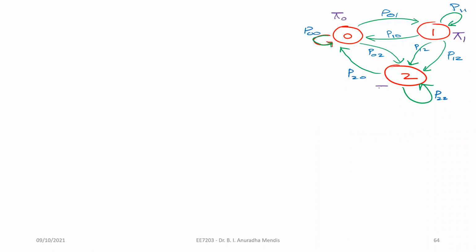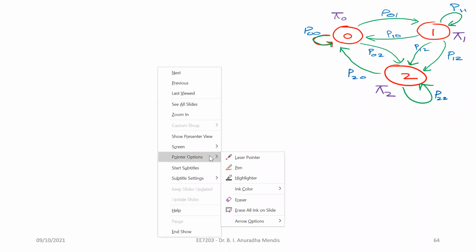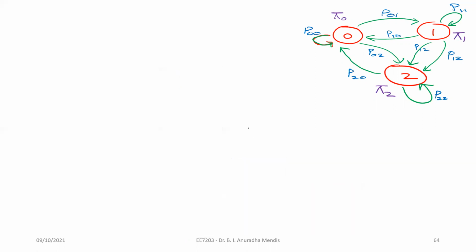And this state probability we denote as phi 2. Now, how are you going to find the state probabilities? Let's say first you want to find phi naught. You want to find the state probability of phi naught. So how can you go to the phi naught state, that means state 0?